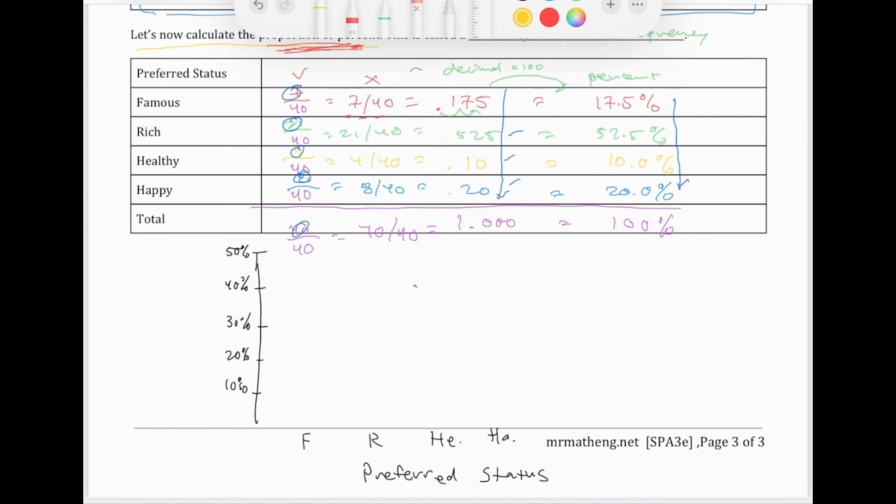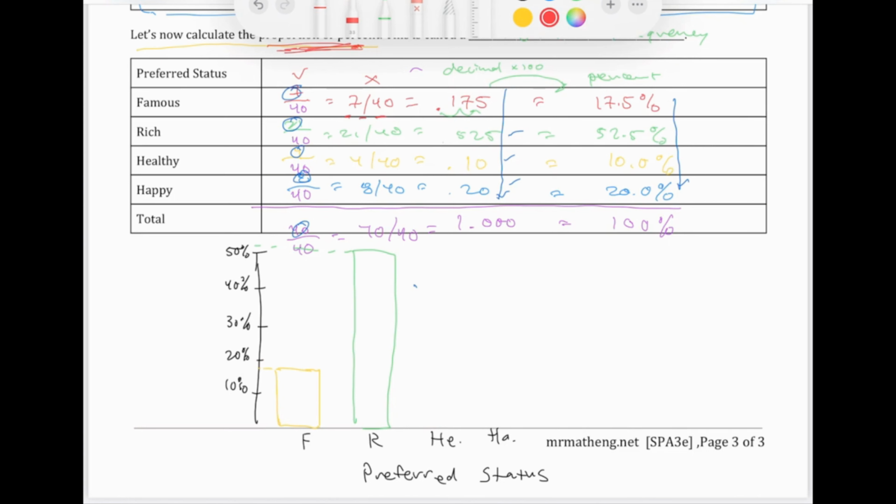So famous was 17.5. You can go below 20 there. You see that? You can use that little dotted line that I drew. Rich is 52.5. Then we have healthy at 10%.